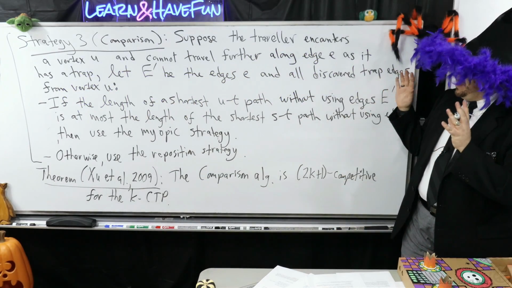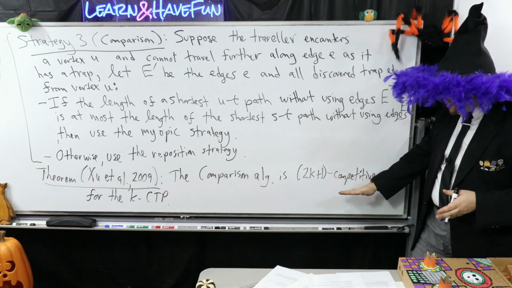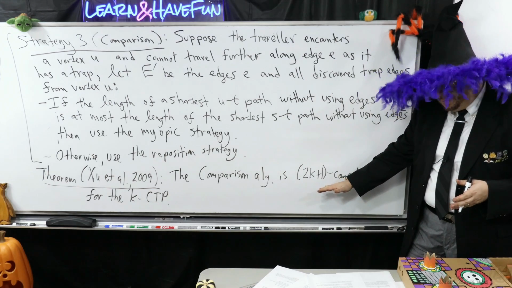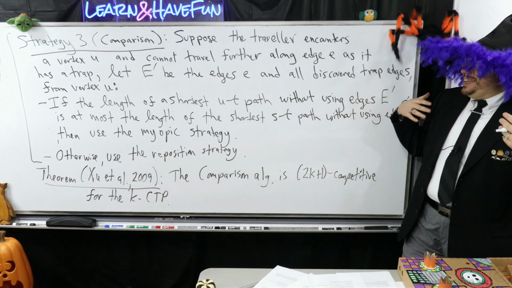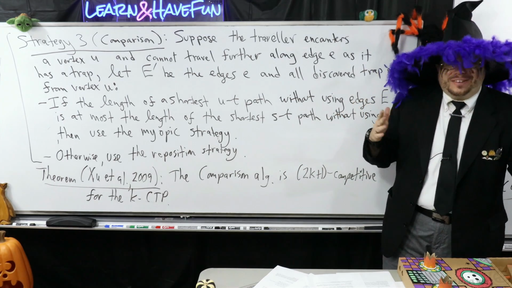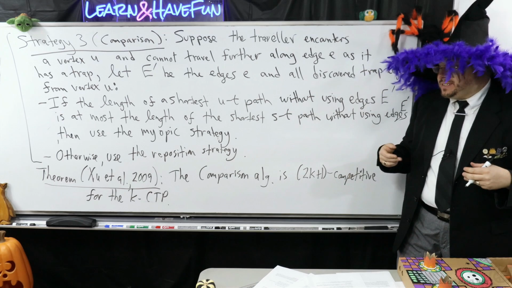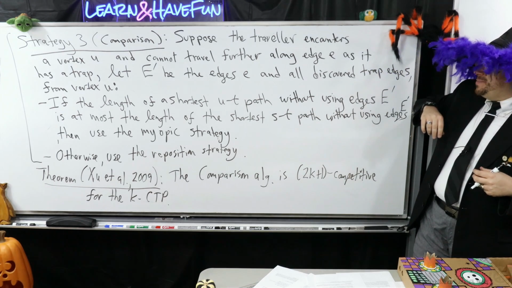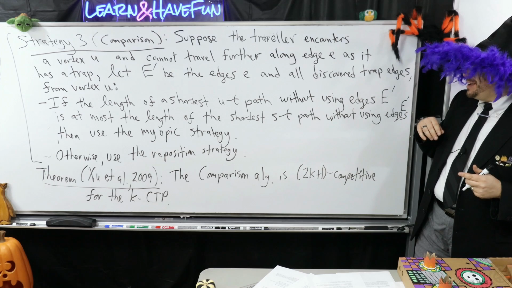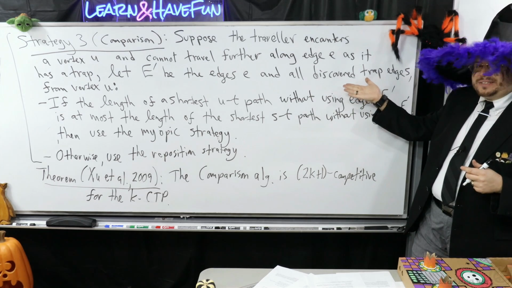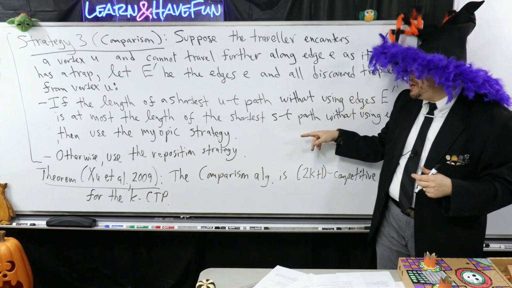Remember, the reposition strategy matches this competitive ratio on its own. But as we've established previously, it requires you to go back to S a lot and recompute an entire shortest ST path for your traveler, and you might hit a lot of traps in that process. So this strategy is suggesting that you can actually not have to do that.